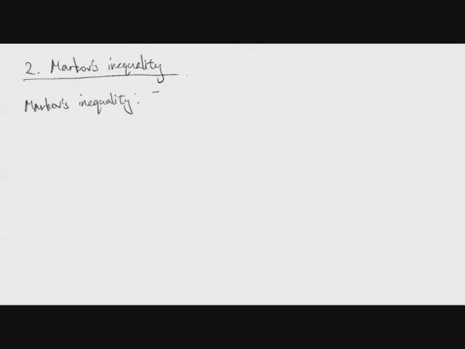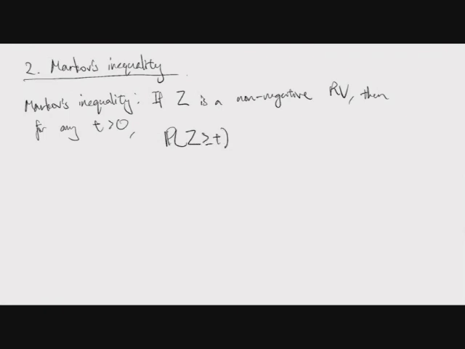Okay, so let Z be a non-negative random variable, then for any value, so any threshold t bigger than 0, we have the inequality where we bound the probability that Z is bigger than t, the threshold t, by the expectation of Z divided by t.